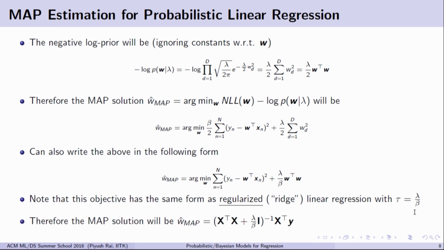And not surprisingly, the solution will be (X transpose X plus lambda by beta times I) inverse X transpose y. In the previous case, we just had tau times I. So the solutions are not going to be any different. Clear? So we have seen both MLE and MAP.